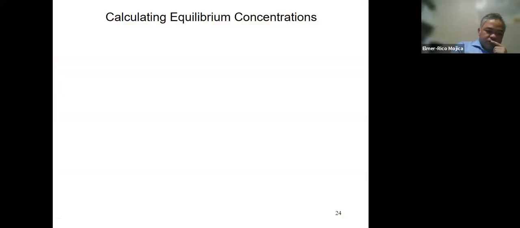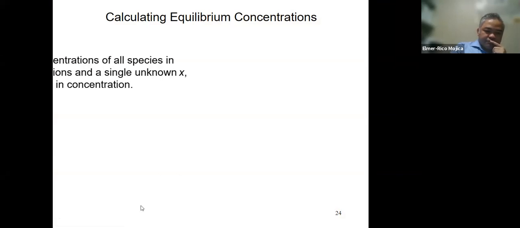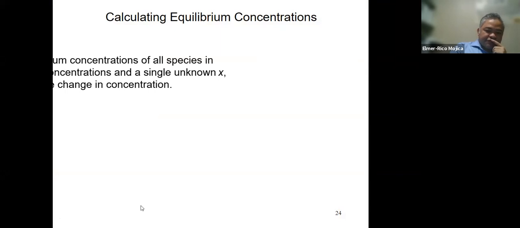So what do we need to remember when we do calculations with equilibrium? Yeah, the reaction needs to go from left to right so that the QC will become equal to KC.